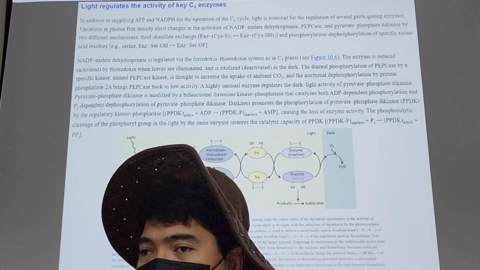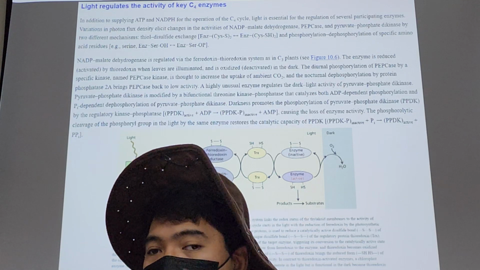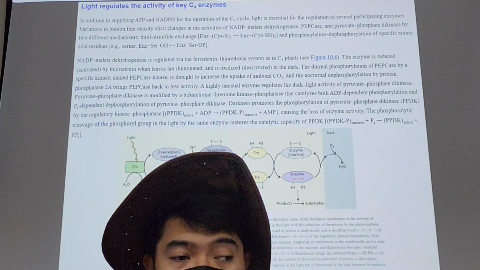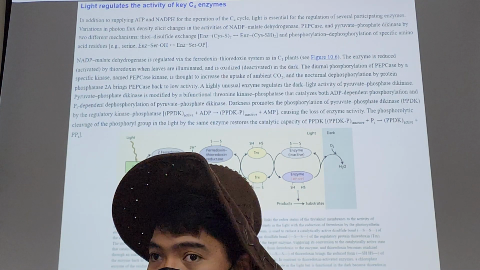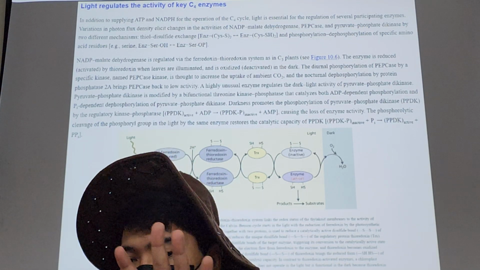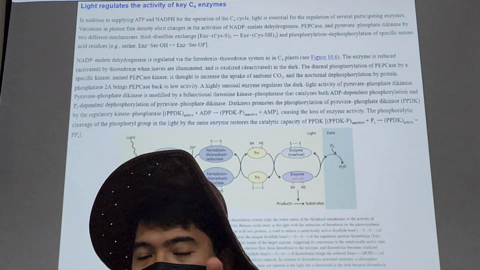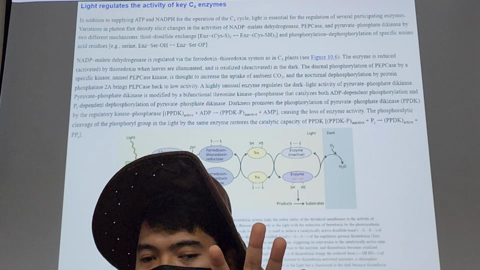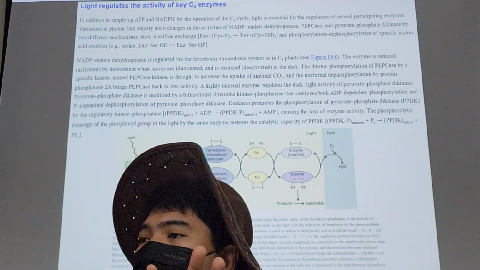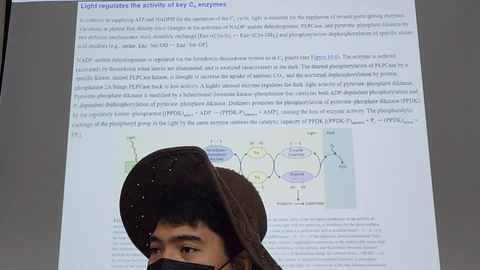If they are active during the night, when there is no ATP produced, because remember, these two cells, they kind of not having photosystem 2 in both of them. Only one of them got it, right?